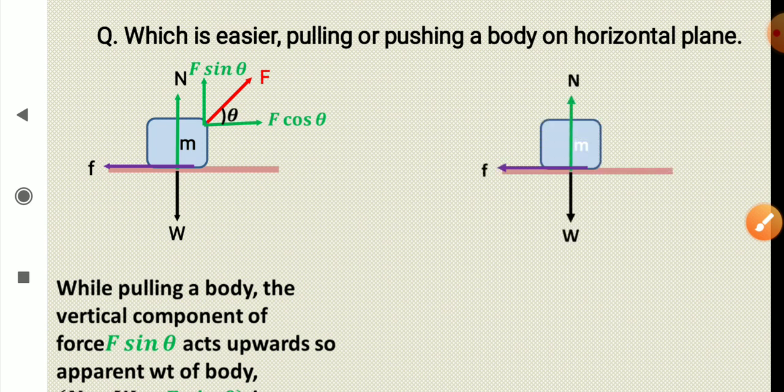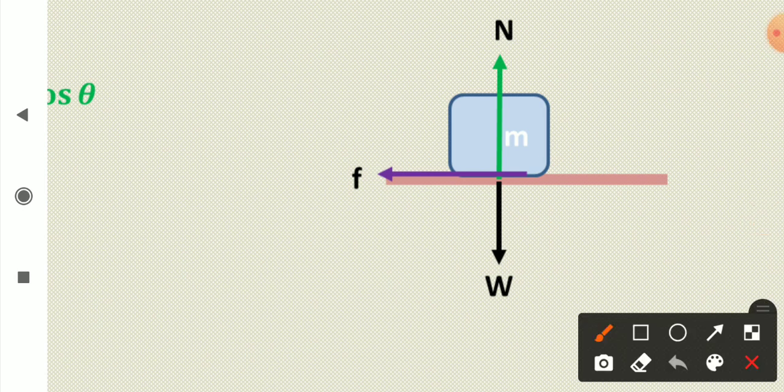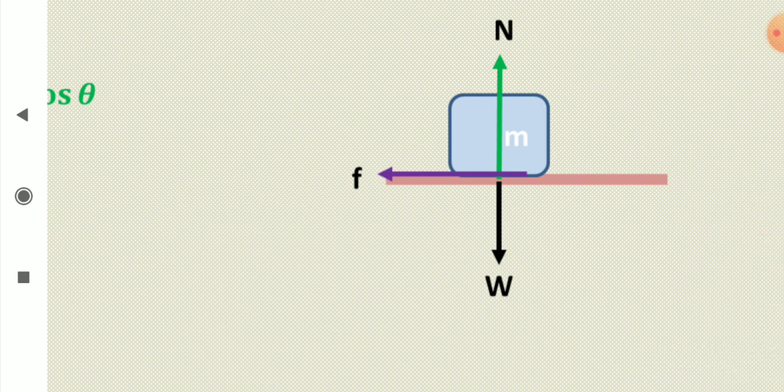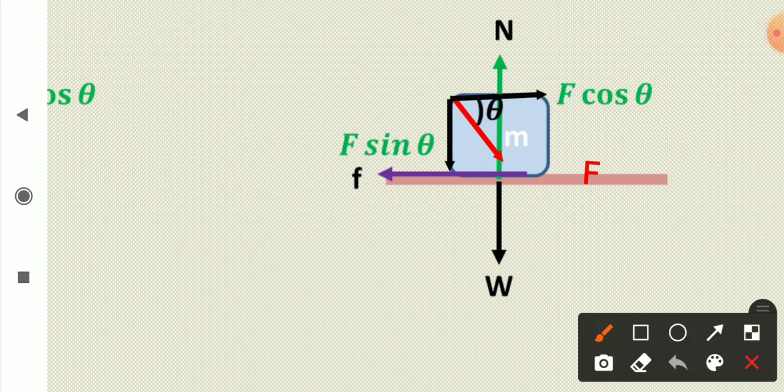And let's see what happens when you are trying to push it. So here you are applying a force to push this block, right? And if the angle with the horizontal is theta, then the horizontal component is F cos theta, and the vertical component is F sin theta.